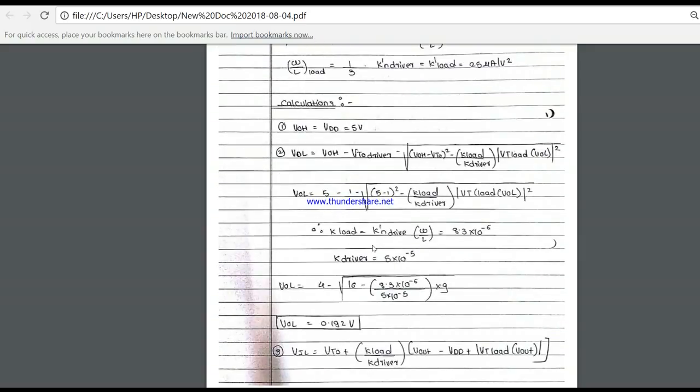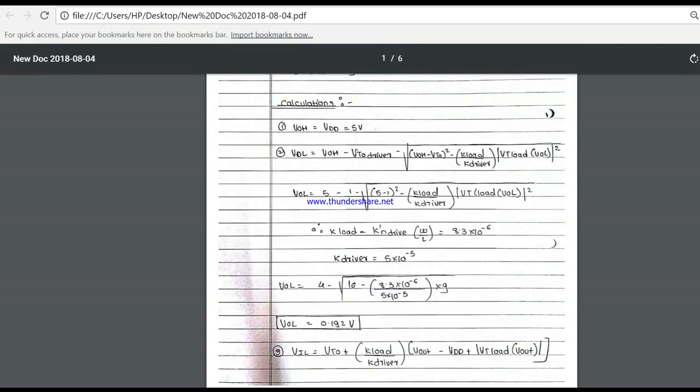To find K load, that is K dash N times W by L of load, we get 8.3 times 10 raised to minus 6. Similarly for K driver, that is K dash N times W by L of driver, we get 5 times 10 raised to minus 5. On the basis of this, we calculate VOL, that is 0.192 volt.